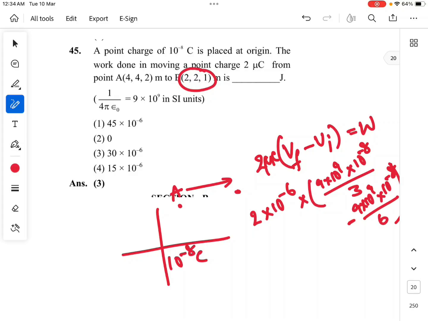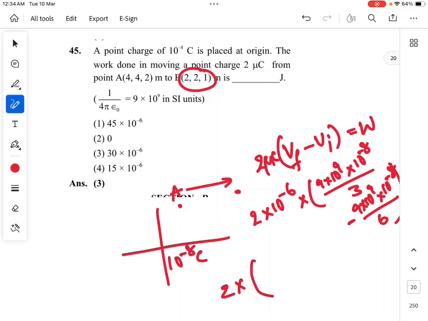So doing the calculations, you should get the answer. What you'll do is take k, 10 power minus 8, and 10 power 9 common. So what all you will have outside the brackets, you don't have to worry about the order in this question.